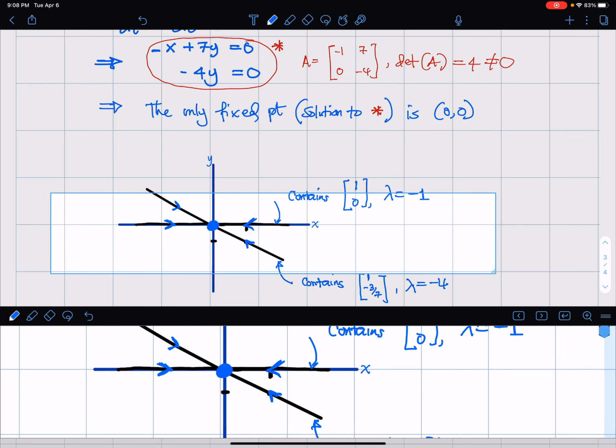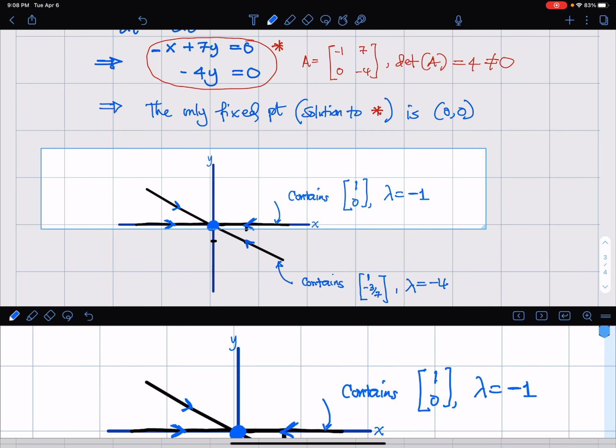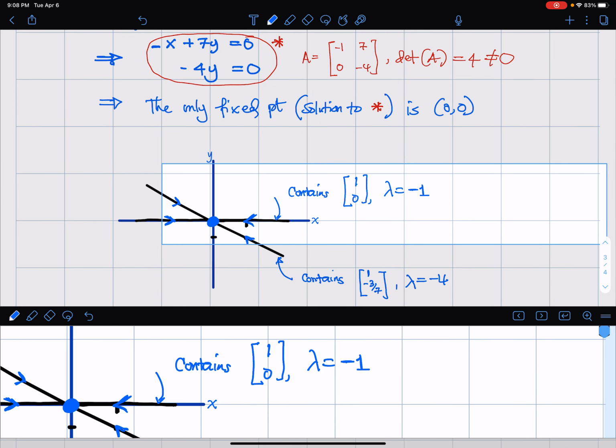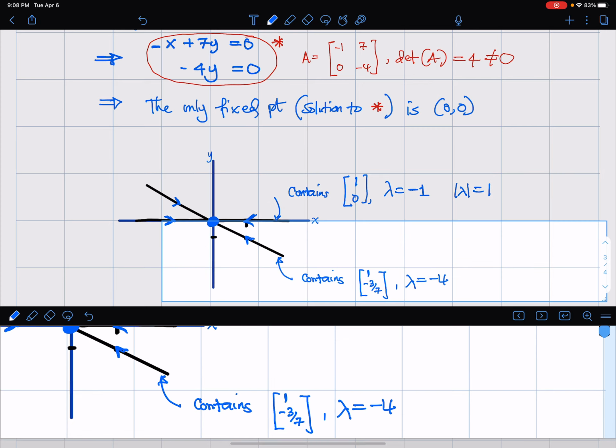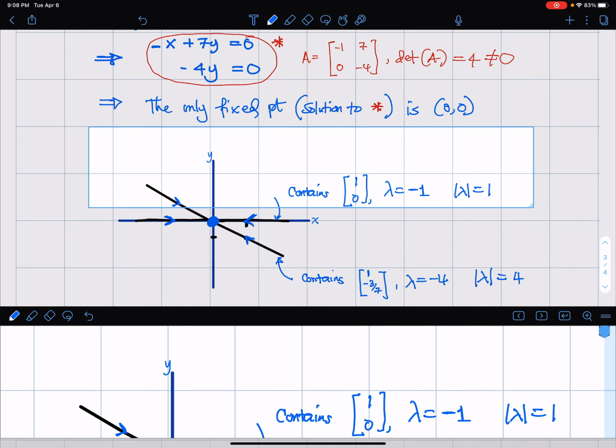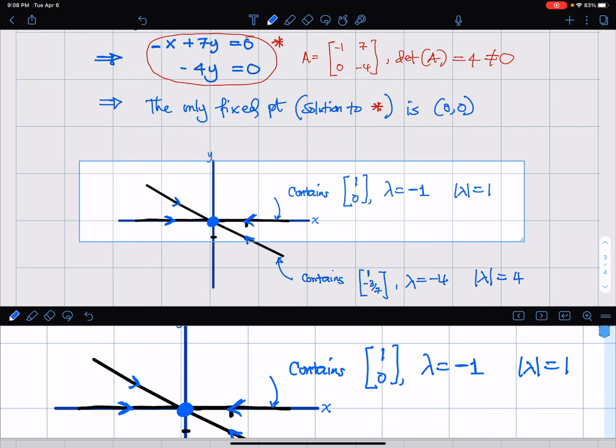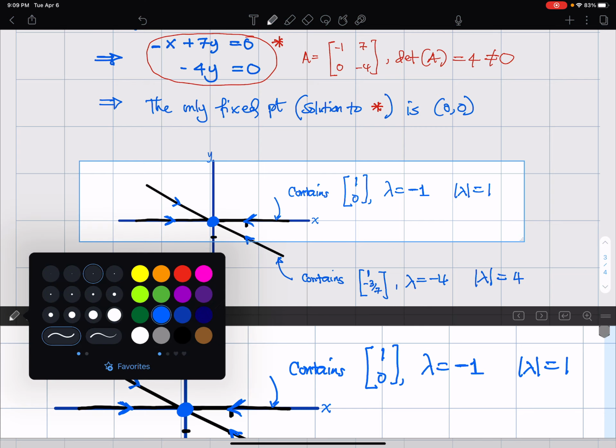Now we look at these two eigenvalues. The magnitude of the eigenvalue here is 1. The magnitude of the eigenvalue here is 4. When I say magnitude, it just means the absolute value.